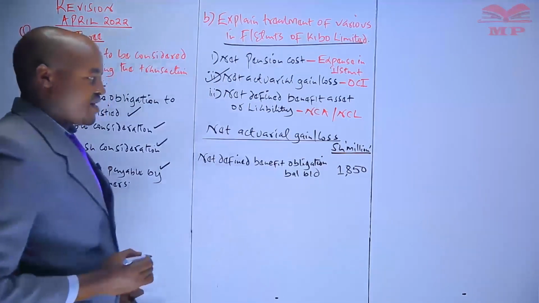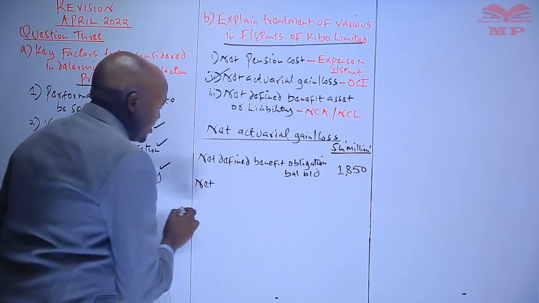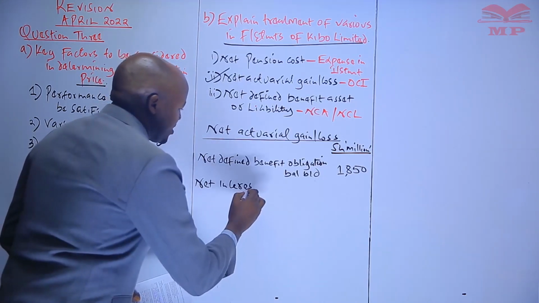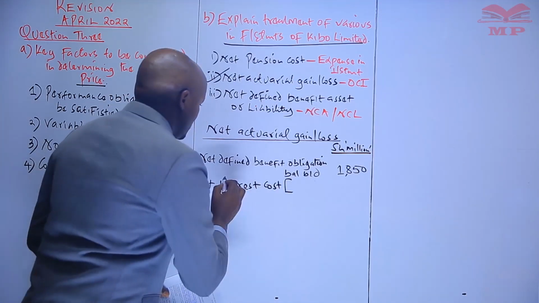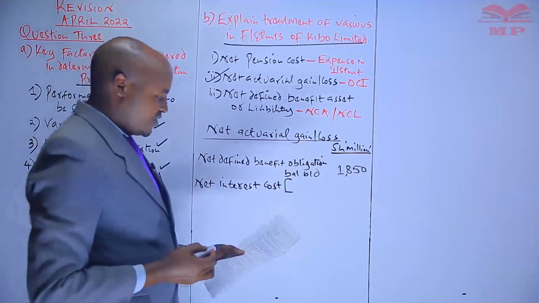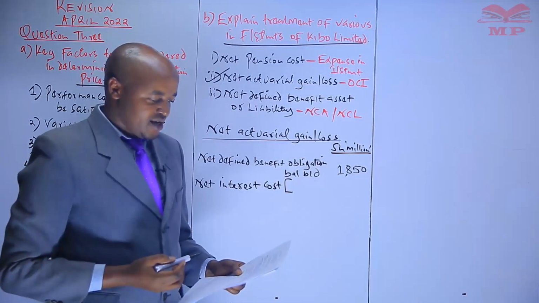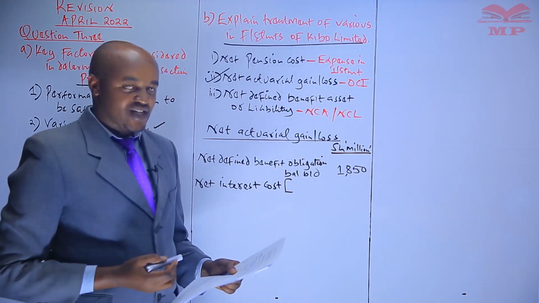Now to this, what do we add? To this we add the net interest cost. This particular net interest cost is computed based on the rate you are given there. If you go back to the question, in the last paragraph we are told the market yield of high quality corporate bonds is at the rate of 5%.